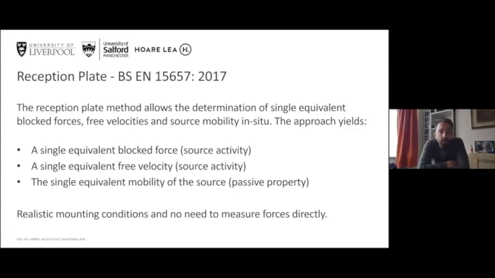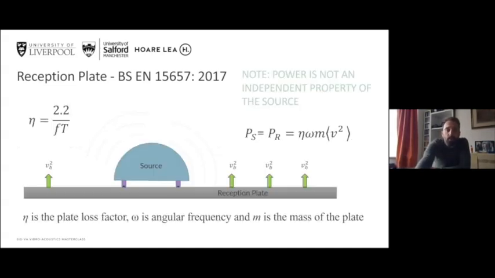They include block forces, free velocities and mobility, all as single equivalent values, and it allows us to do these measurements under realistic mounting conditions. It totally avoids any requirement to measure any forces directly, as would be the case for other methods. Everything is a response-only measurement, which makes things much simpler.